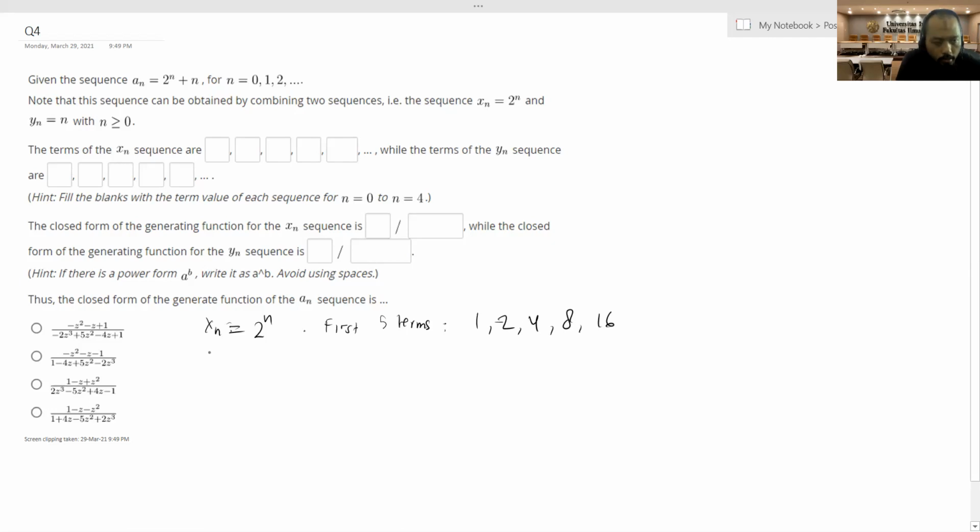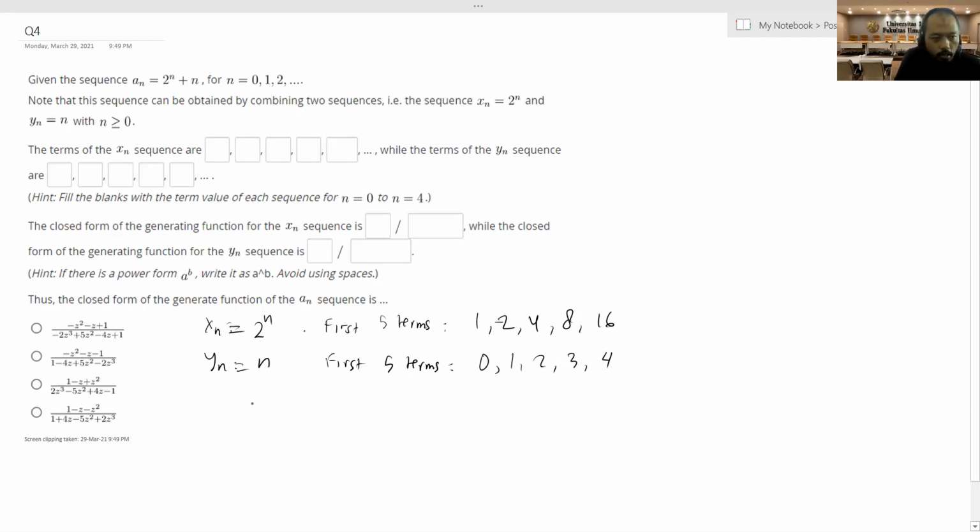Whereas for y_n, which is equal to n, the first 5 terms are 0, 1, 2, 3, and 4. All right, so that's x_n and y_n.